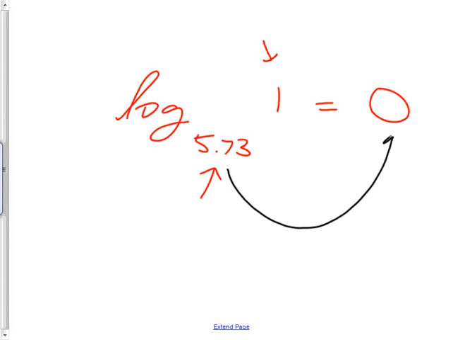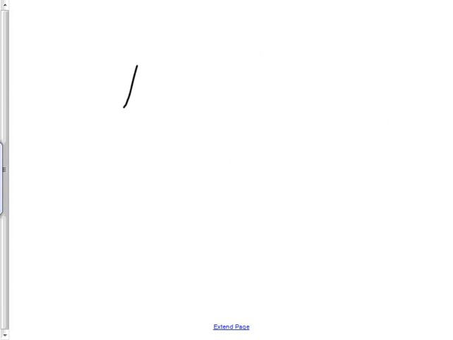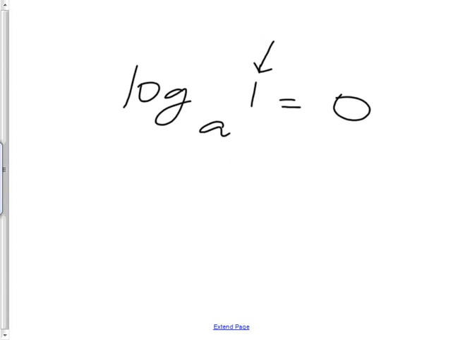Because if I put this to a 0 power, I will get 1, no matter what the base is, right? So, moral of the story, whenever there's a 1 here, your answer is 0. So even if I said log A of 1, I know the answer is 0.